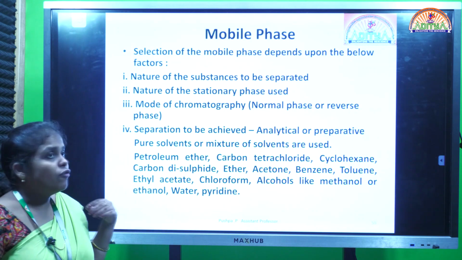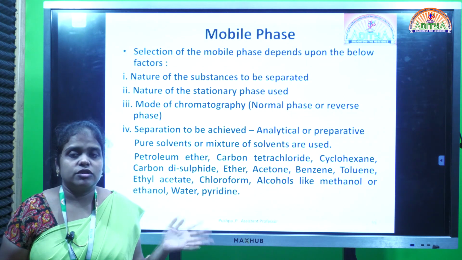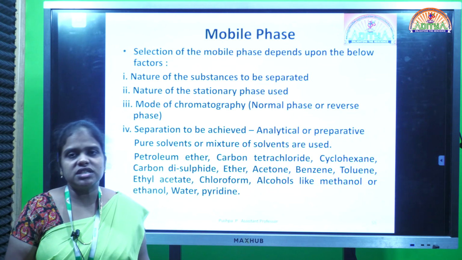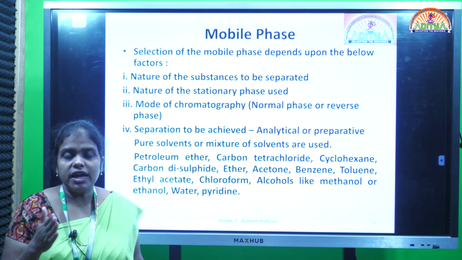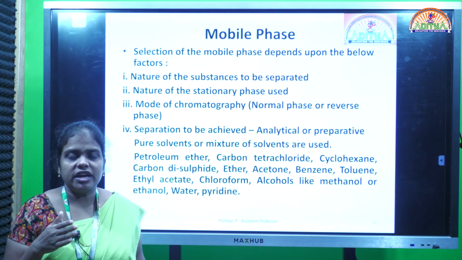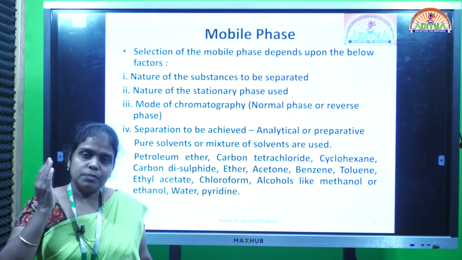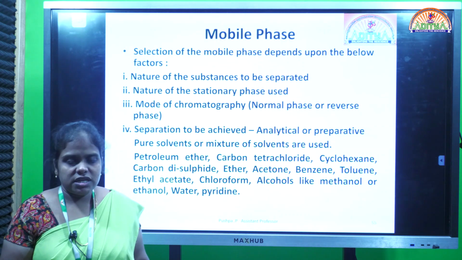And also what is the mode of chromatography technique, whether it is normal phase or reverse phase. Normal phase means a polar stationary phase and a non-polar mobile phase, whereas in reverse phase we take a polar mobile phase and a non-polar stationary phase.